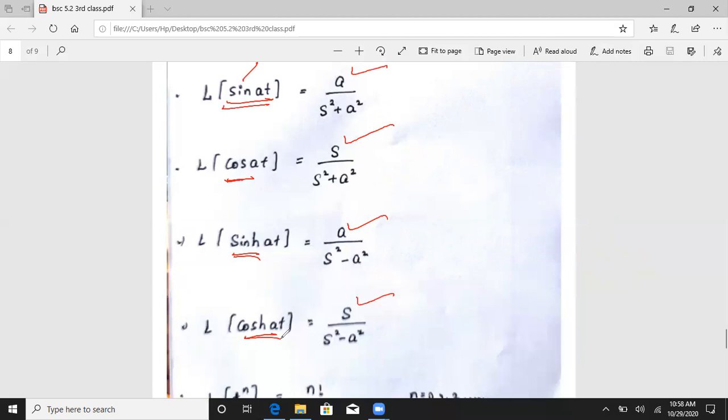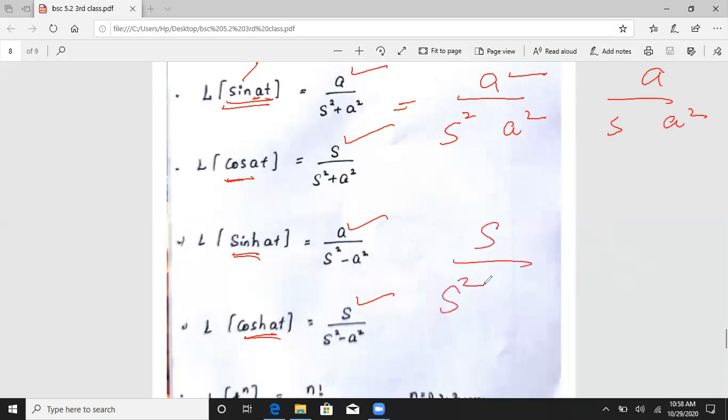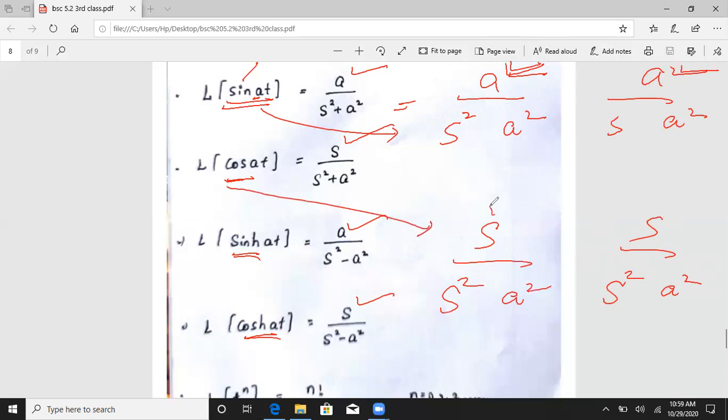In sine normal form, the numerator a is common, and in cos the numerator s is common.